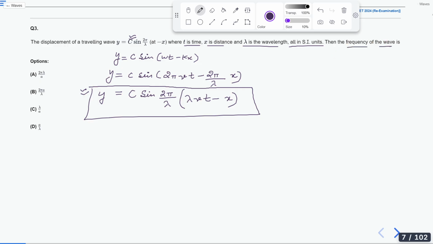Then the fundamental frequency of the wave is... You have to calculate nu. Compare this equation with the given equation and calculate nu.